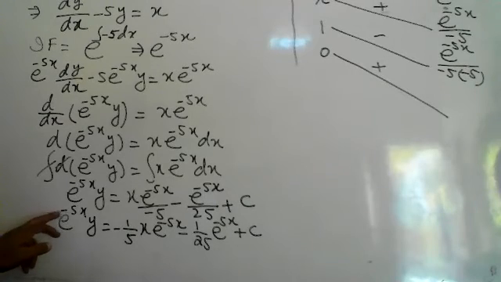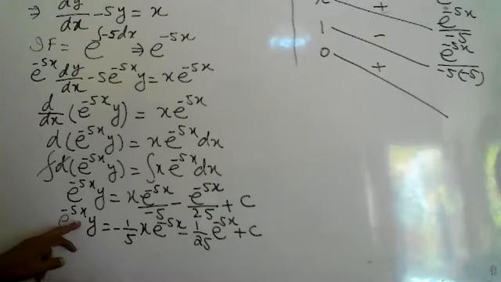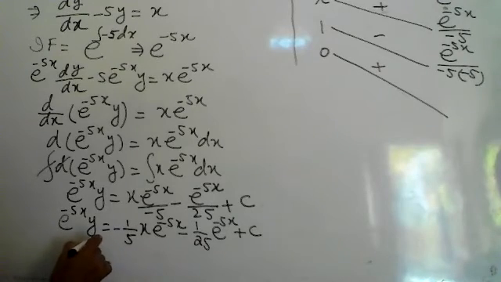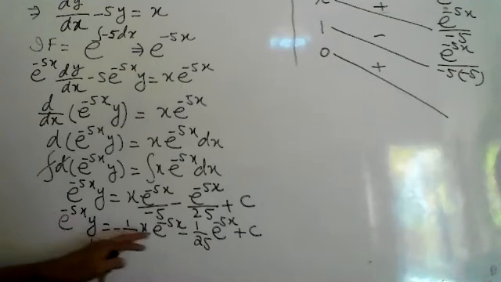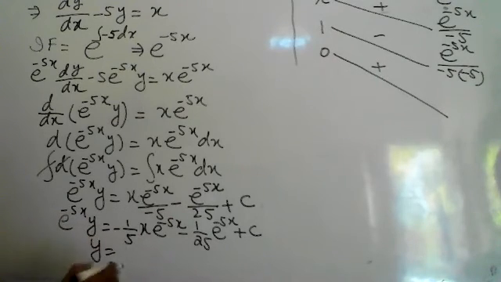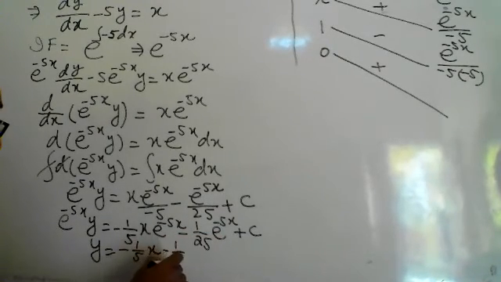If we divide by e raised to power minus 5x, y will become: e raised to power minus 5x divided by e raised to power minus 5x cancels, giving minus 1 upon 5x. This also cancels, giving minus 1 upon 25.